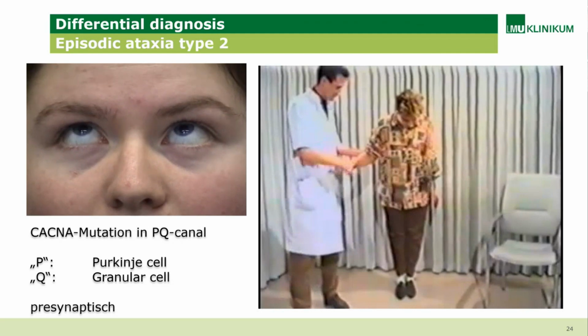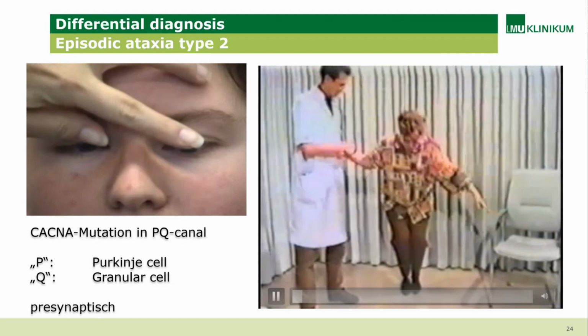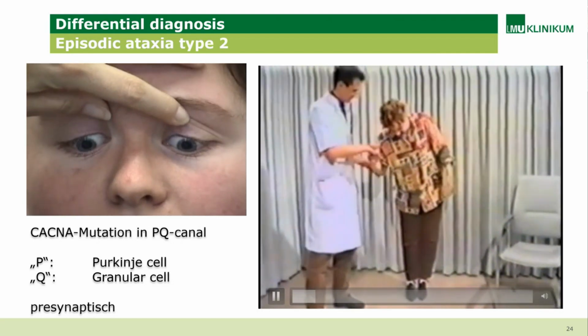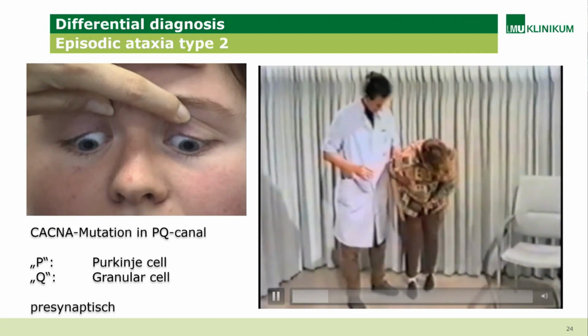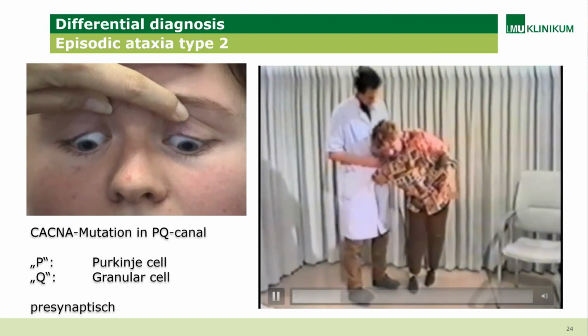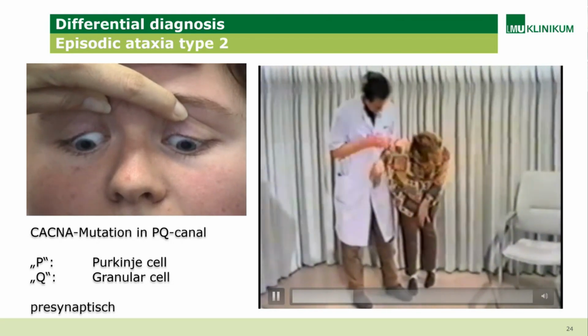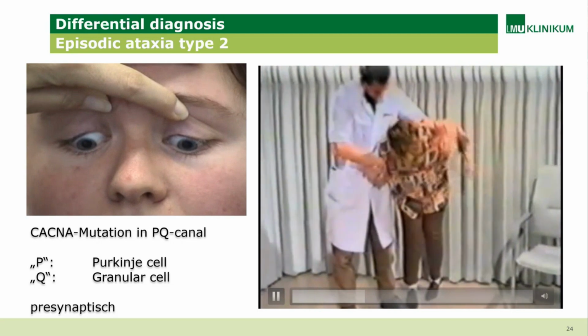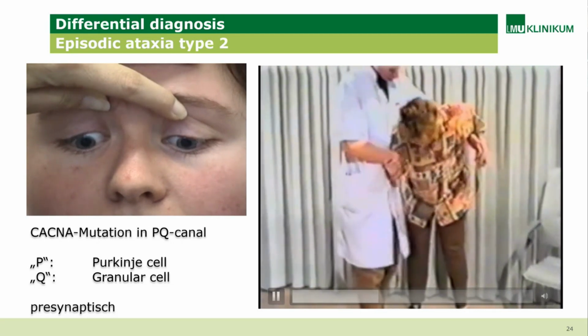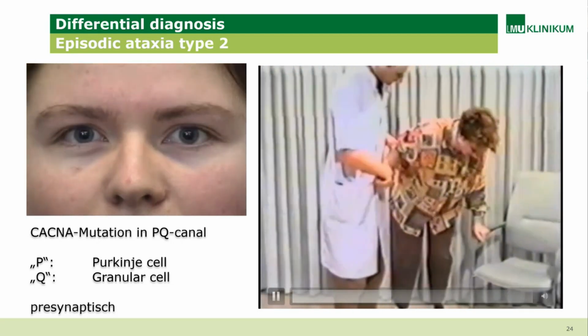And these patients report they can induce their attacks by physical exercises. So one thing is you make those patients do some exercises, and all of a sudden they get really unstable. And in their clinical findings, you see some indications they also have central problems in between attacks, like downbeating nystagmus, for example.